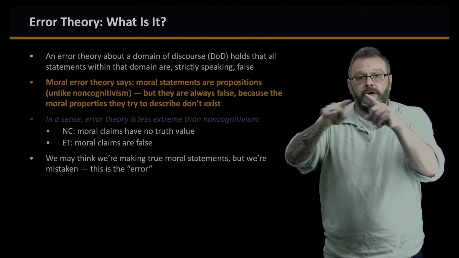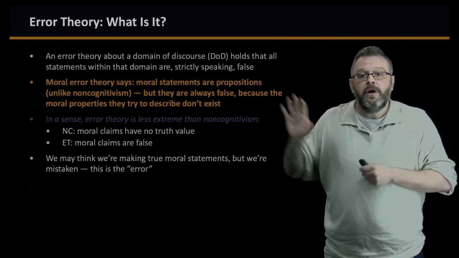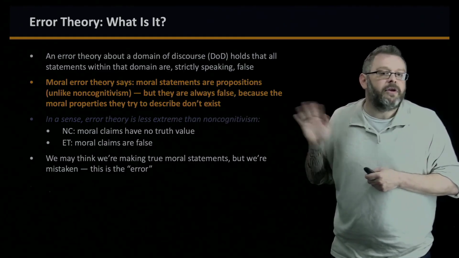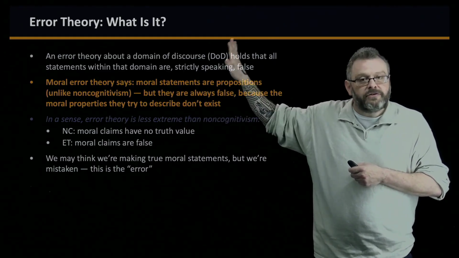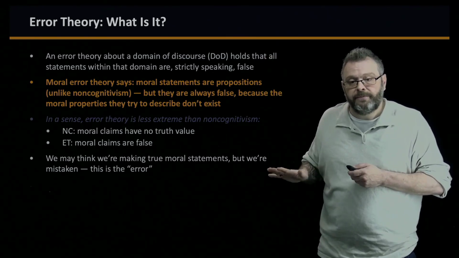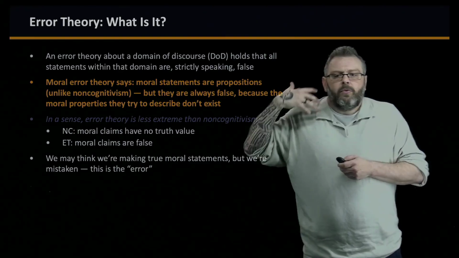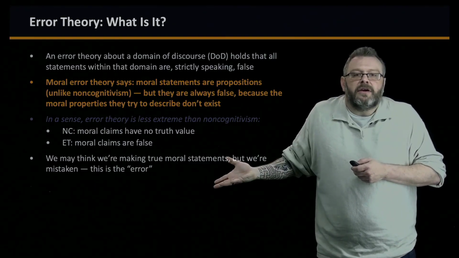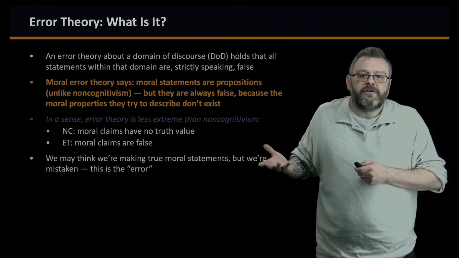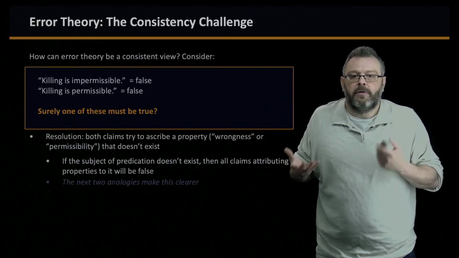But remember, the non-cognitivists are going to say they're not false either. They don't have a truth value. These guys are saying they do have a truth value, and they are, in fact, false. So we might think that we're making some kind of moral claim, but we're just not. And that's where the error comes in.